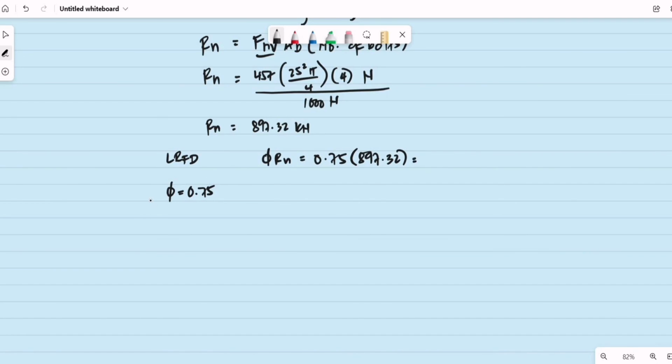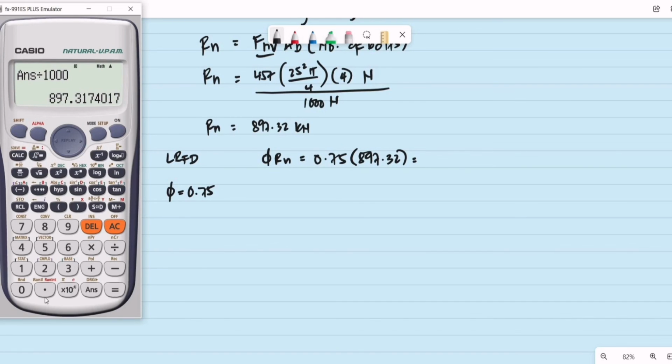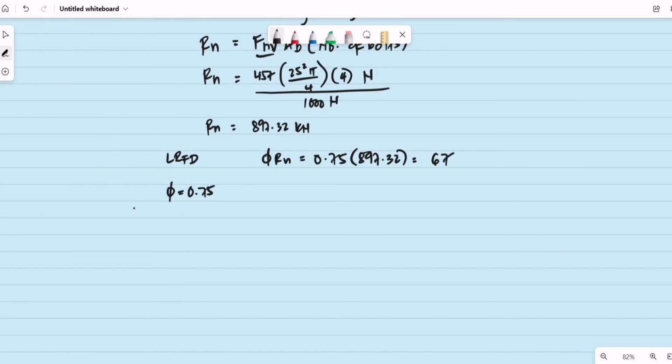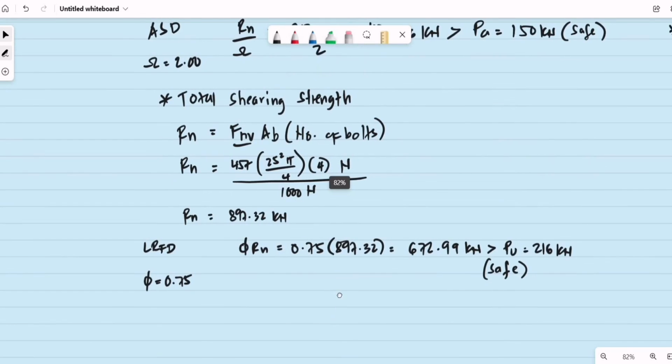This is equal to 672.99 kilonewtons. Again, this is greater than our Pu, which is only equal to 216 kilonewtons. So we can tell that if you are to use 4 bolts, 25 mm in diameter, the connection will be adequate when it comes to the shear strength of the bolts.